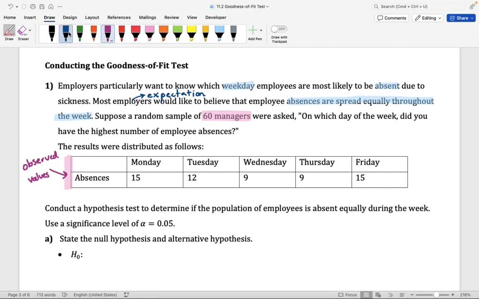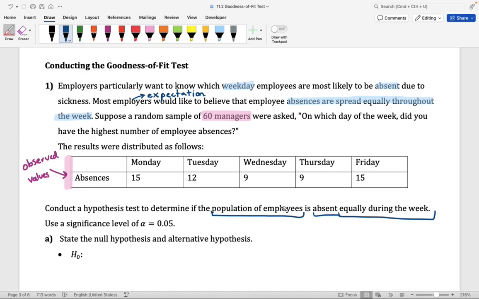Now, we're being asked to conduct a hypothesis test to determine if the population of employees is absent equally during the week. What we're saying here is, does the data coming from the population of employees follow this distribution here, which is a distribution where we see equal absences during all 5 days of the week?